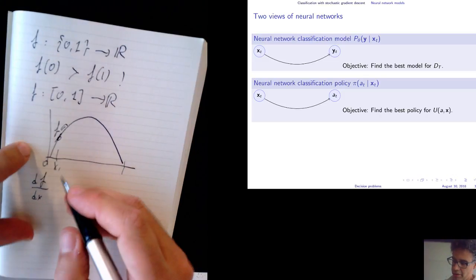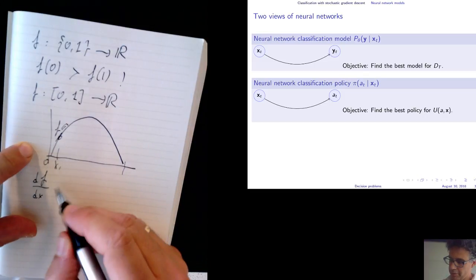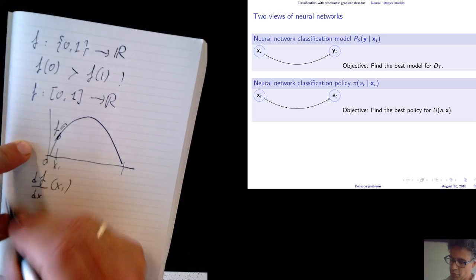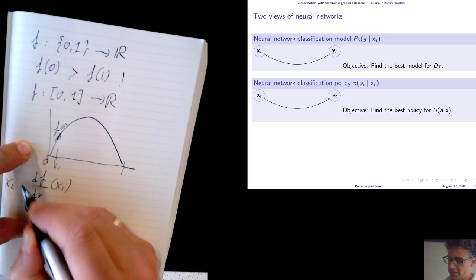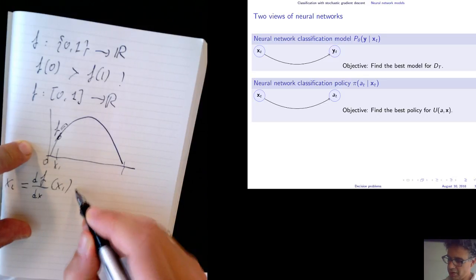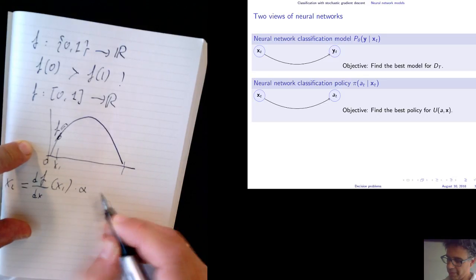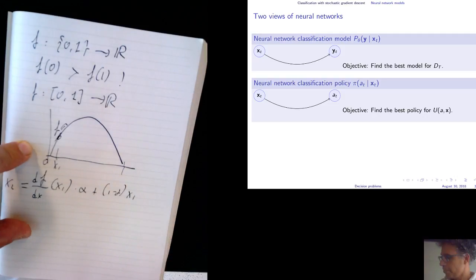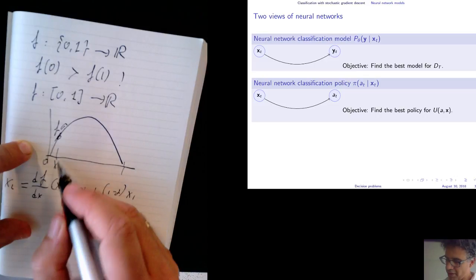At some point x1, the next point we go to is x2, which is this one times, let's call it alpha, in this direction.